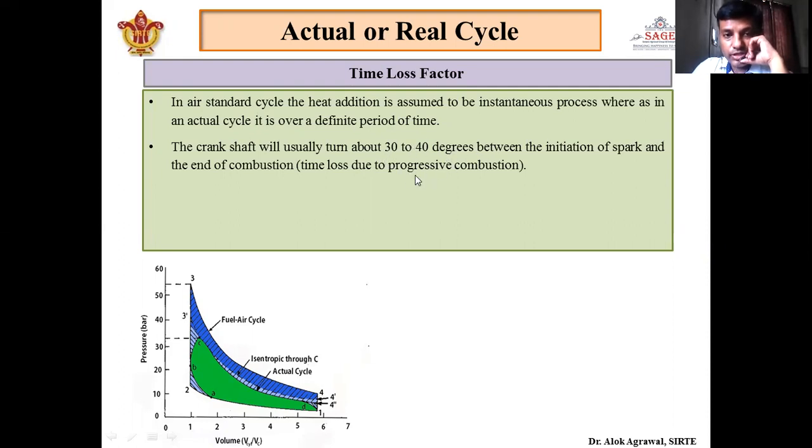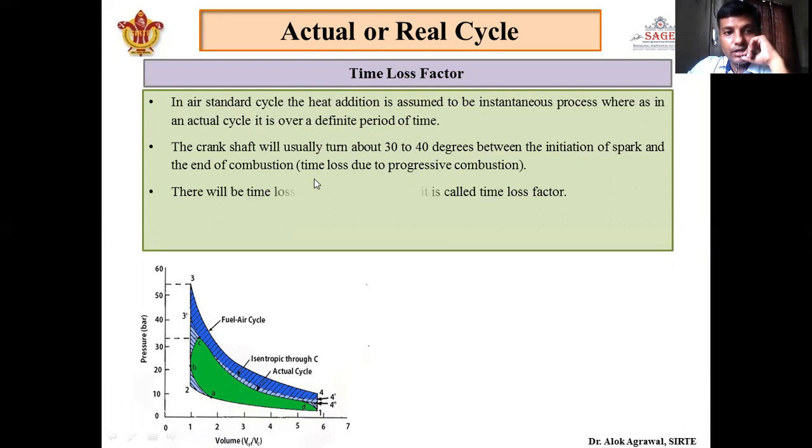This 30 to 40 degrees is the time duration from the initiation of the spark to the end of combustion. Because in the actual cycle the combustion is progressive, not instantaneous, there are certain losses, and that loss is called the time loss factor.